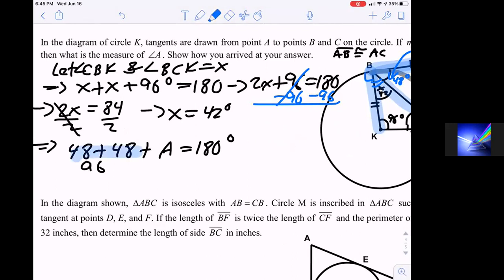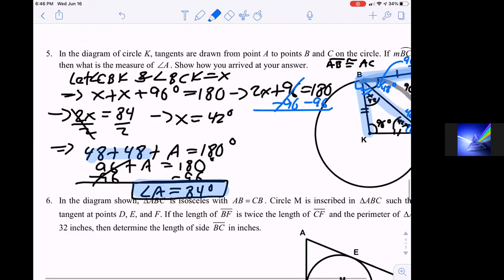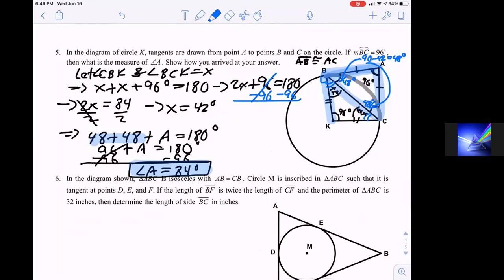So 96 plus A is 180. Let's go ahead and subtract the 96. And angle A is 84 degrees. A lot of angle relationships we had to look at in that one. But good work with isosceles triangles as well.